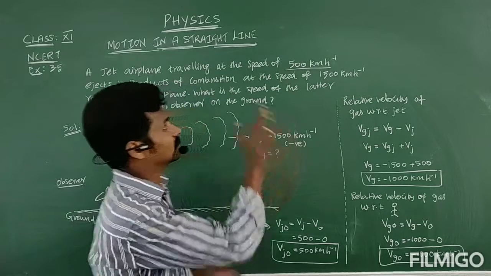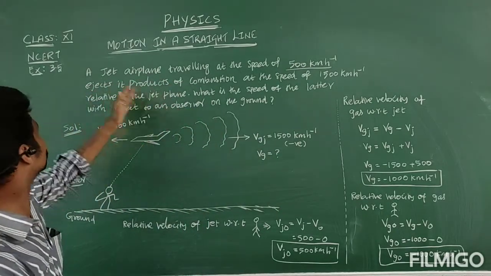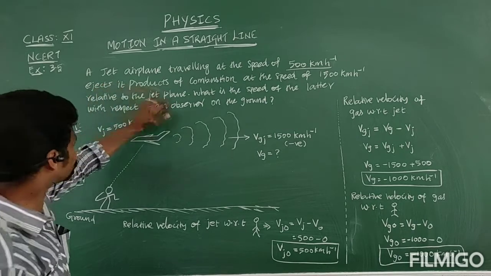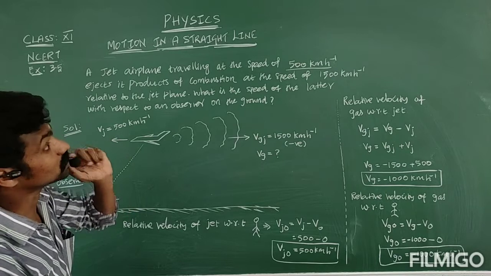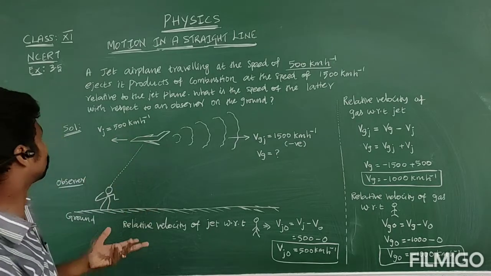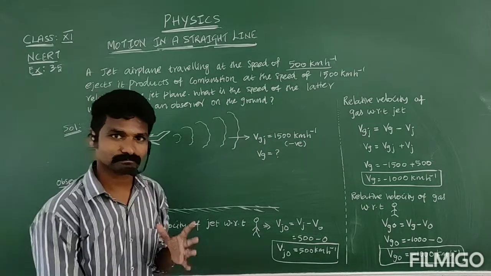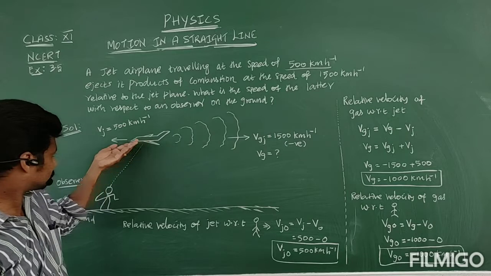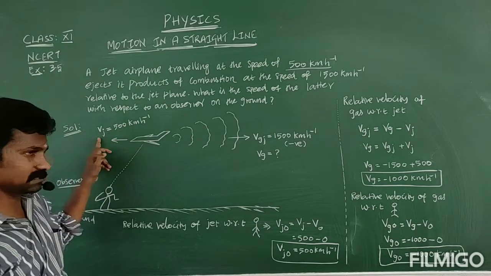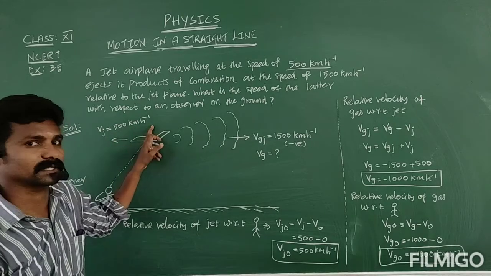Then, it ejects the products of combustion at a speed of 1500 km per hour relative to the jet plane. So the jet speed is given: the velocity of the jet is 500 km per hour.